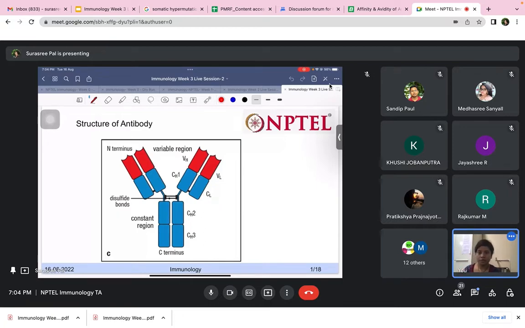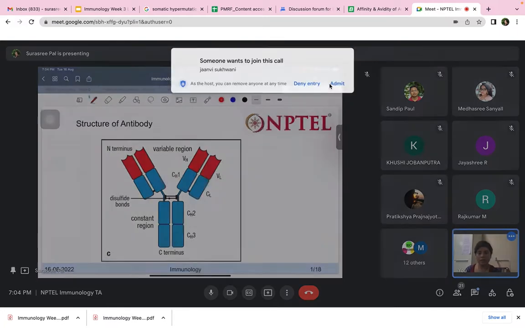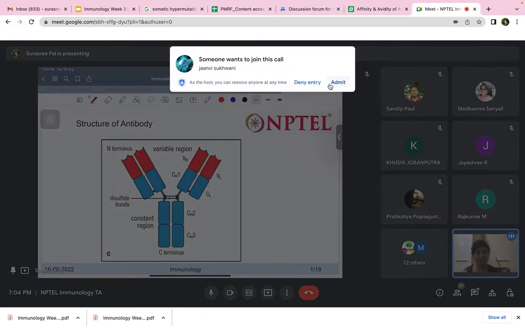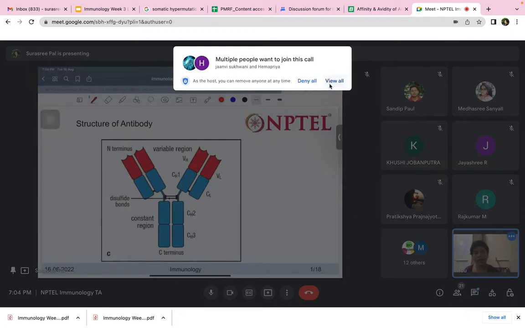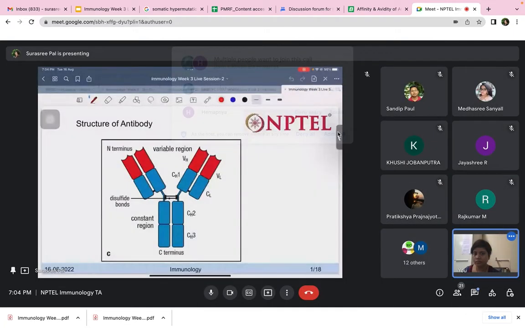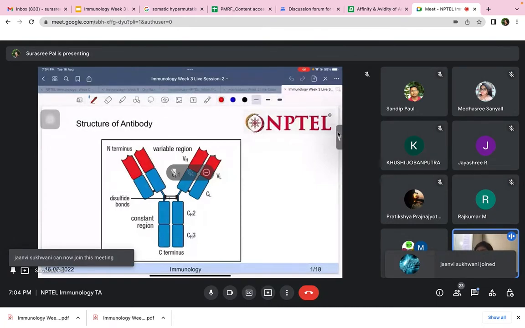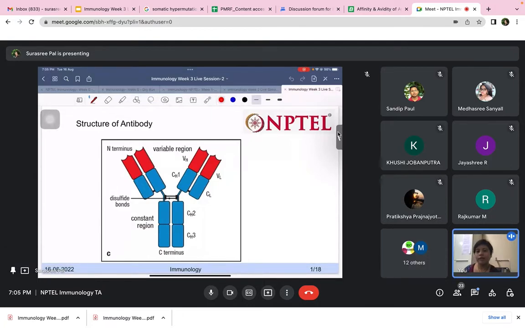In today's class we will go briefly through the structure of antibody and how the diversity of antibody arises. We know that antibodies can potentially recognize all types of chemicals, not only proteins. So we will go through today how this kind of diversity of the interaction repertoire of antibodies is generated.